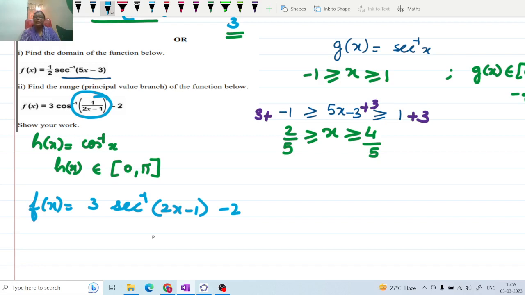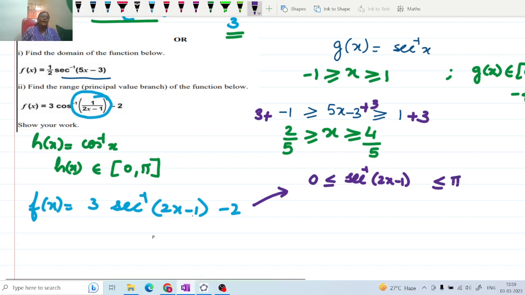So you have to rewrite this statement: all values of 0 to pi except pi on 2. So how do we start? Well, let's start writing the statement. Sec inverse of 2x minus 1 lies between 0 to pi, but it's not equal to pi on 2.